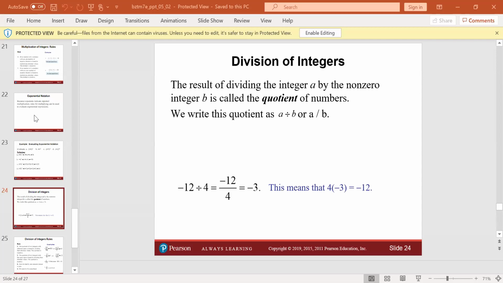Okay, so we just talked about exponential notation. Now we're going to be talking about division of integers. It's kind of weird because we come in assuming you already understand the basics of division, specifically long division.